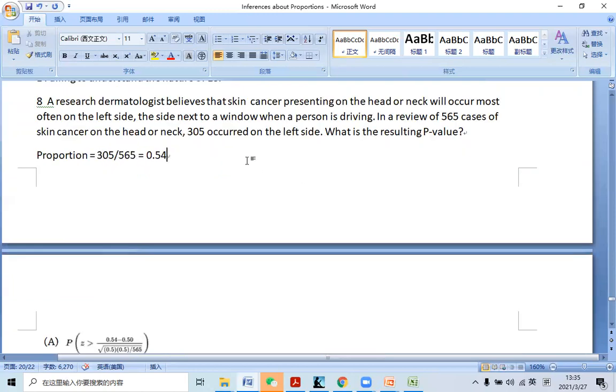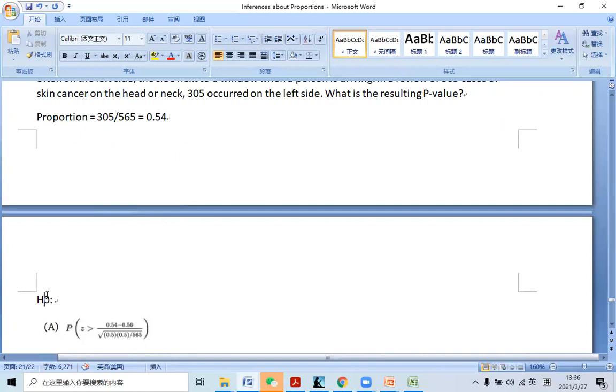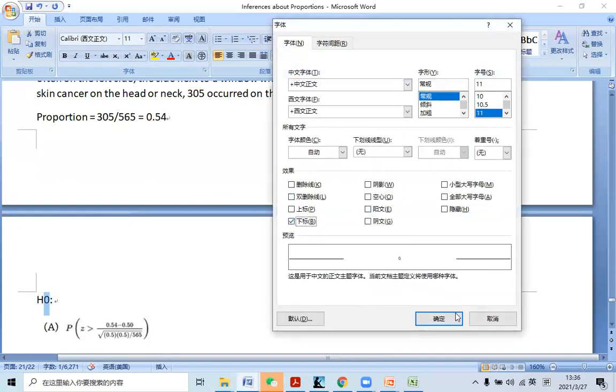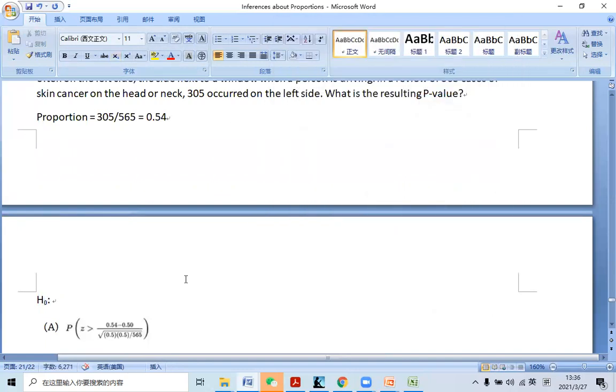And what you are concerned about is the research hypothesis versus the null hypothesis. According to the null hypothesis, H0, the true proportion should be what? It's either on the left or on the right. When you get cancer, it's either on the right or on the left.